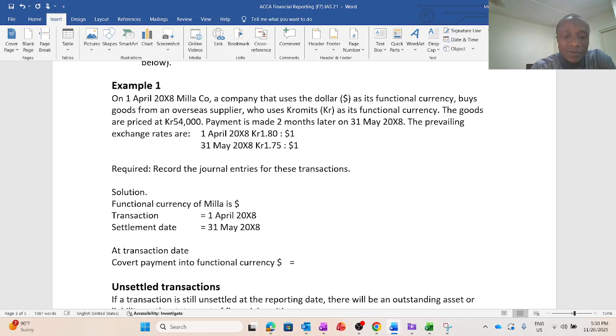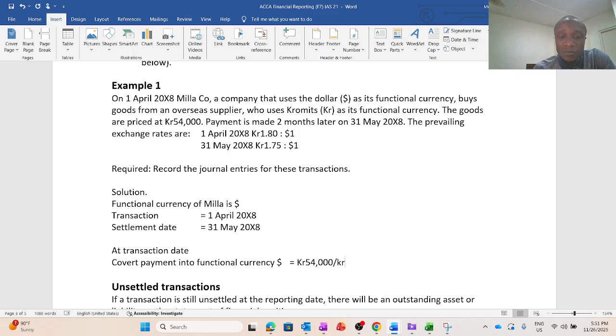So now this will be the conversion. We are going to pay KR 54,000 divided by the KR rate. When we look at advanced financial management, we are going to look at the concept of when to divide and when to multiply, basically looking at the base currency as well as the functional currency. For now, let's keep it simple. I don't want to make things so difficult.